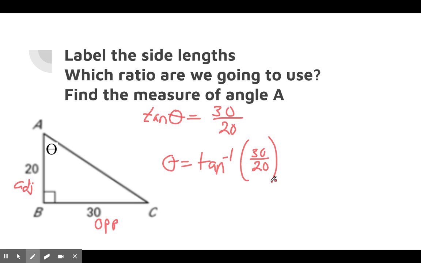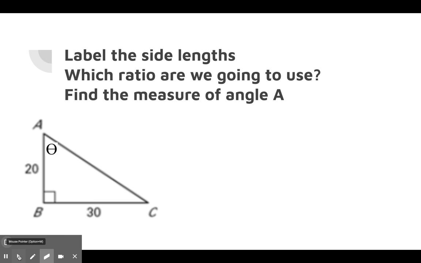If I'm using a regular calculator, I hit the second button, then tangent, and it shows up as tan -1. Then I put in 30 over 20. Remember, 30 over 20 is a fraction, which means it's actually 30 divided by 20. I close the parentheses and hit equals. Then I find out that theta is equal to 56.3.